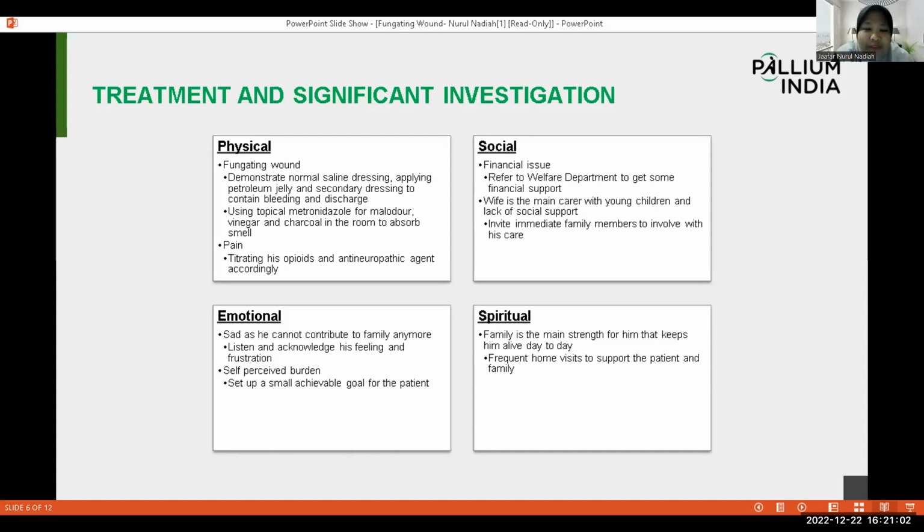Actually, the vinegar, Miss Anna, I learned from an Australia class, where they put the vinegar into a small pot, and you just put that pot next to the patient's bed, so it will absorb the smell from the wound.